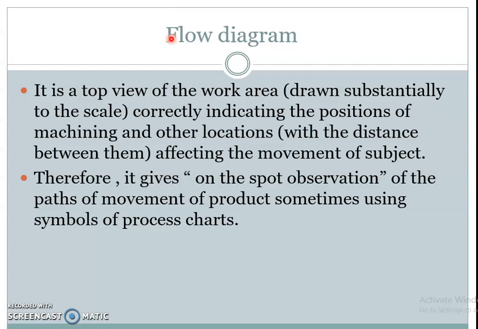So if the number of movements is minimized, it may result in a lot of saving of cost as well as the effort required to do a job. Therefore, the path of movement between the two locations can be better visualized by drawing a set of diagrams, that is either a flow diagram or a string diagram.